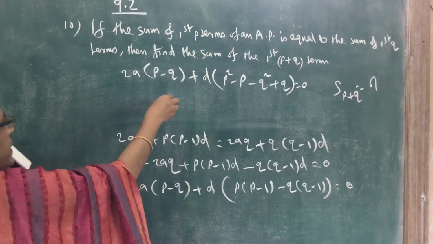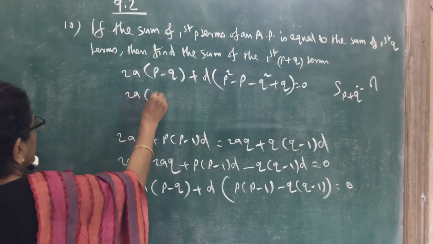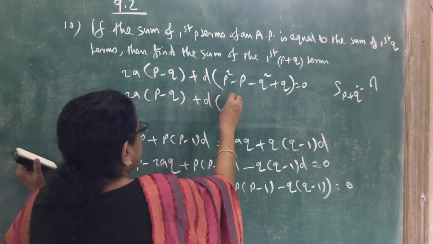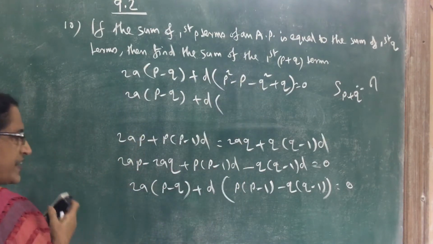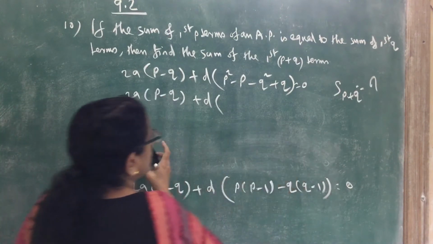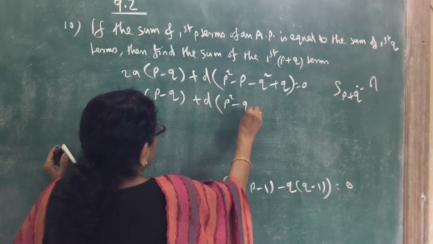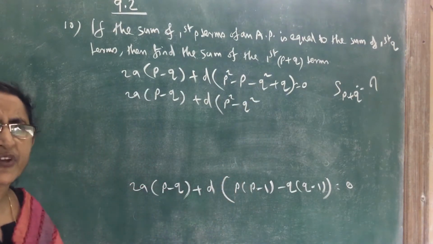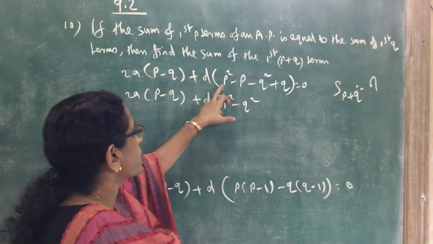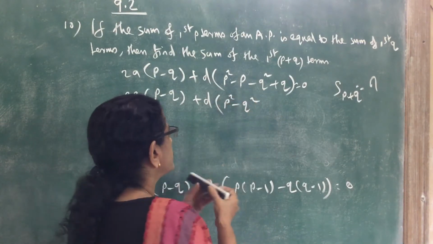Then again factorize this term: 2a into (p minus q) plus d into, here, p square minus q square we can write together. We can rearrange the terms because we want to factorize this expression. So p square minus q square written together, then minus p plus q equals 0.